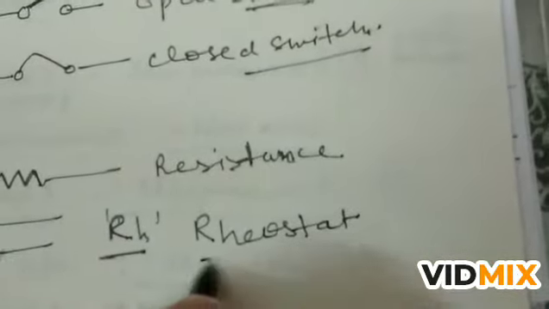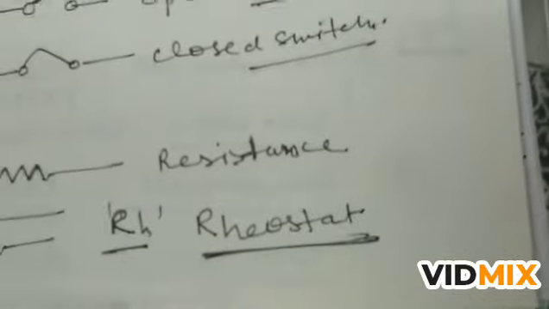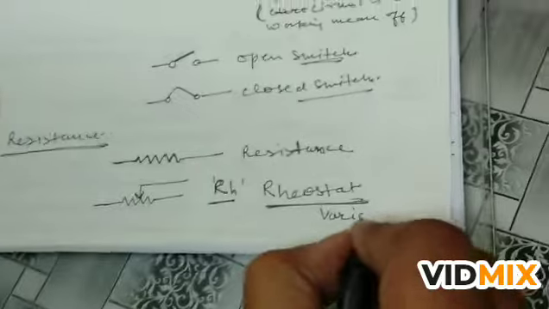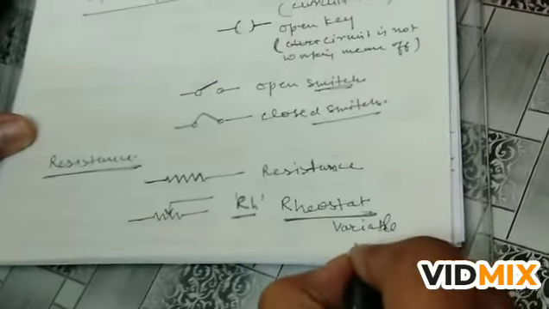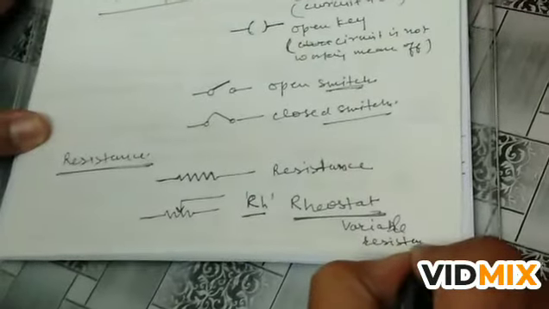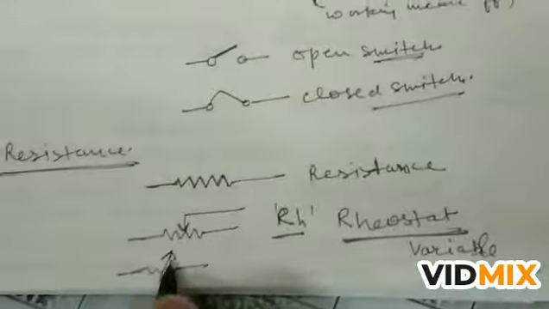The symbol for this is also called variable resistance. In so many places you can find variable resistance like this also. Variable resistance: resistance which can vary.